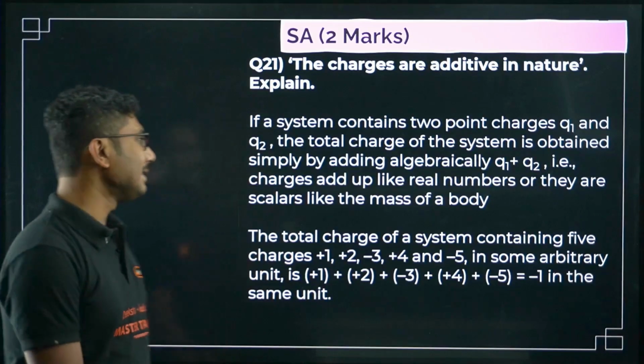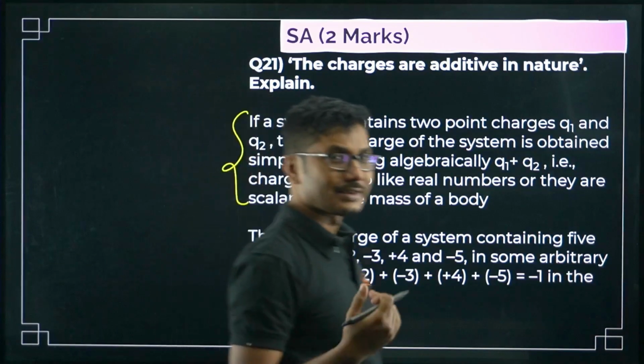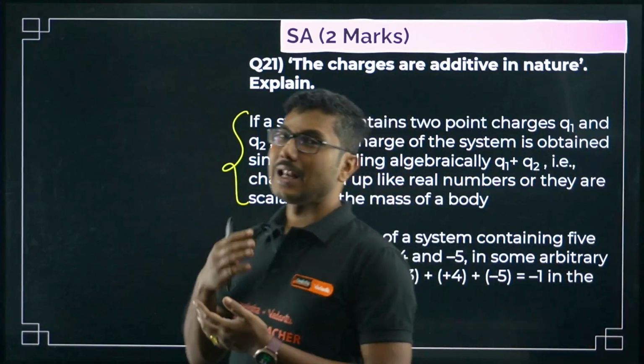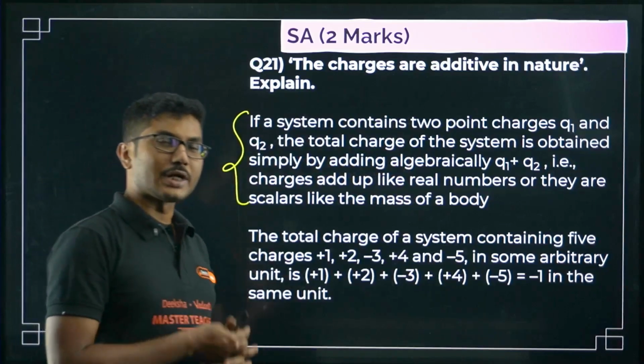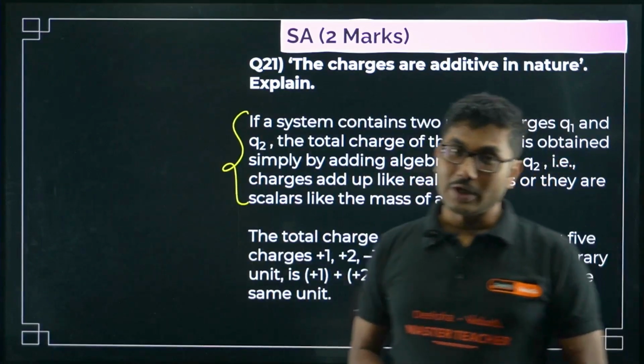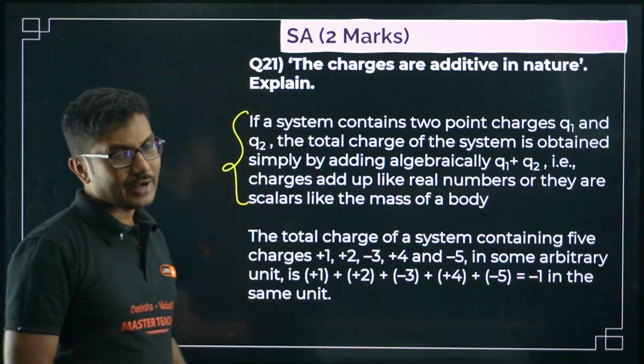So that is the main thing that you have to explain in this part. Charges are additive in nature means you can simply add them like scalars. For example, if two charges Q1 and Q2, no matter whatever is the polarity of the charges, you can simply add them. That is the meaning of additivity of charges.